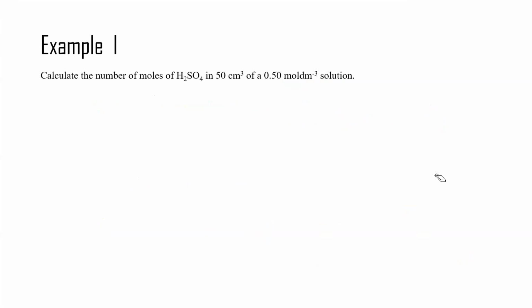So let's look at a couple of examples. Calculate the number of moles of H2SO4 in 50 centimeters cubed of 0.5 molar solution. So we see that we have 0.5 molar solution. That means we have 0.5 moles in 1000 centimeters cubed, moles per decimeter cubed.